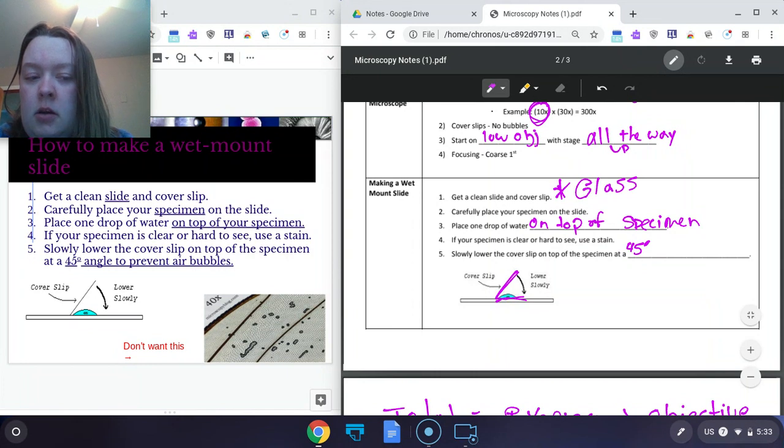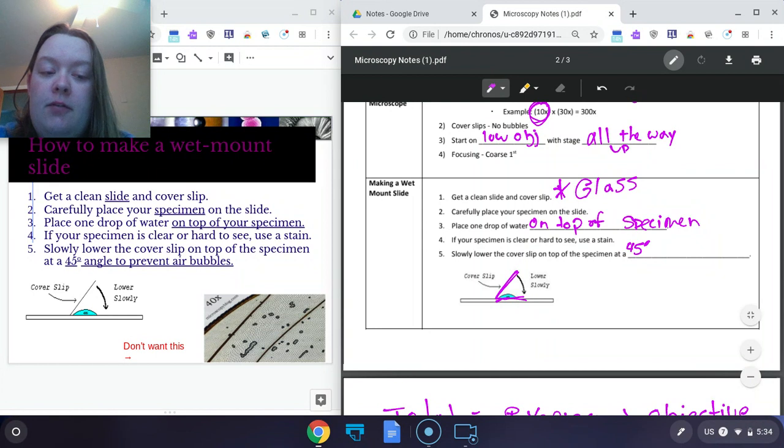And then you're going to let it drop. Again, do not try to bend it on there. Sometimes students will try to bend it down on there. Just literally hold it at an angle and let it go. If you try to bend it, it will break. So you hold it at a 45-degree angle above the specimen in the water, and you let it drop.